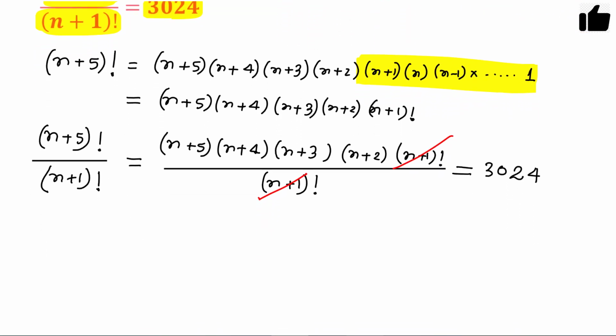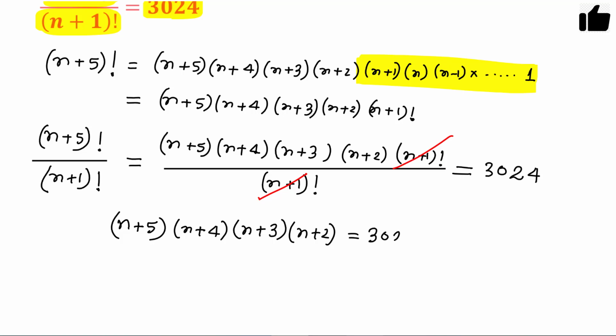The equation is, of course, a 4-degree equation: (n+5)(n+4)(n+3)(n+2) equals 3024. So we have a 4-degree equation and you will have 4 roots. To solve this, we will use a trick.